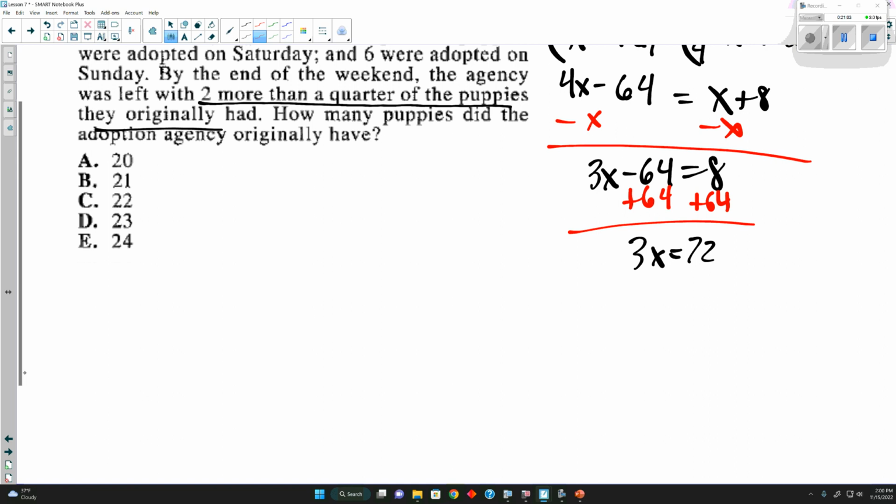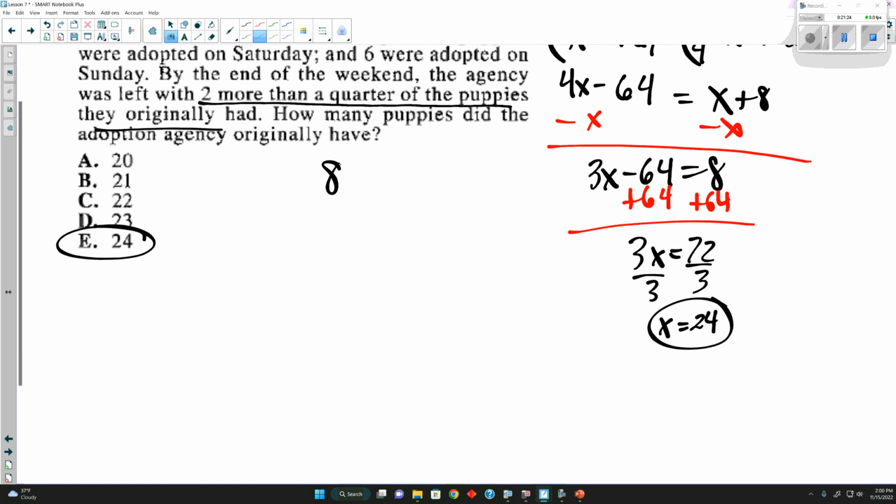And then we would check, because 1/4 of 24 is 6, plus 2 is 8, which says how many you should have left.